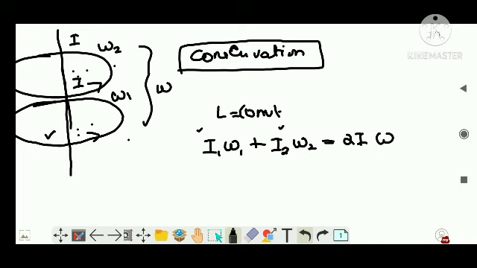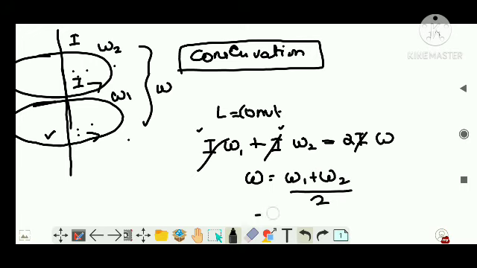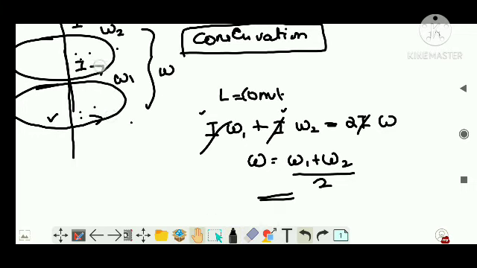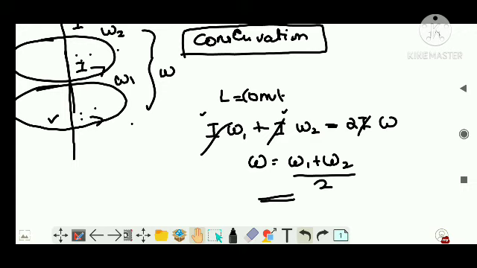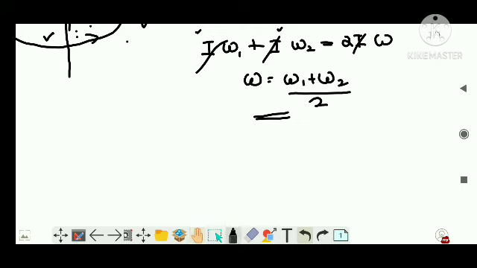You are told that both have the same moment of inertia, so this I goes off, this I goes off. So I can cancel these two. So can't I write omega is equal to omega 1 plus omega 2 divided by 2? That is, the net angular velocity of this entity is equal to the average of the angular velocities of these two objects separately. Now this is not the question.